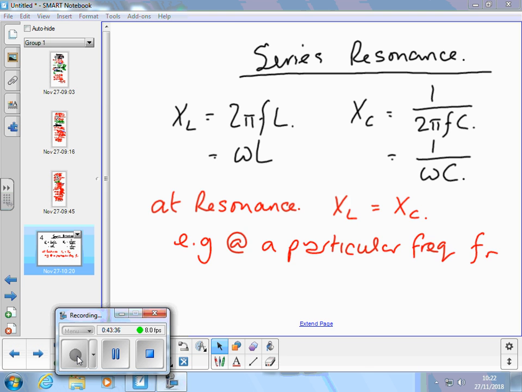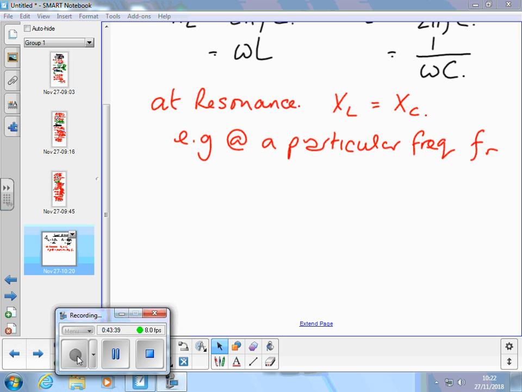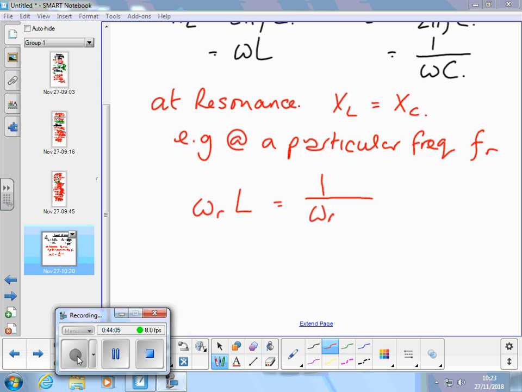Now, if at that resonant frequency XL is equal to XC, then we can say that omega resonance times L is equal to 1 over omega resonance times C. Trying to get to a formula for omega R, what is the resonant frequency for two given component values?